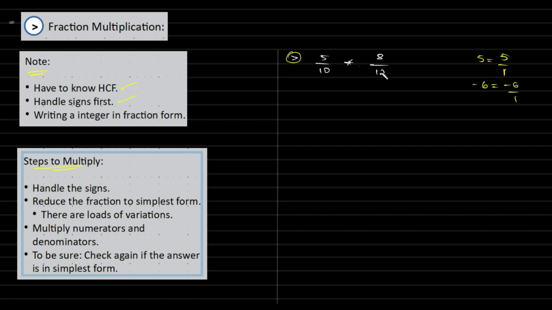So let's start off with the first example. 5 by 10 into 8 by 12. Is it in simplest form? Well, the HCF is 5 and 4 over here. So no, they are not in simplest form. So we have 5 divided by 5 and 10 divided by 5, into 8 divided by 4 and 12 divided by 4.